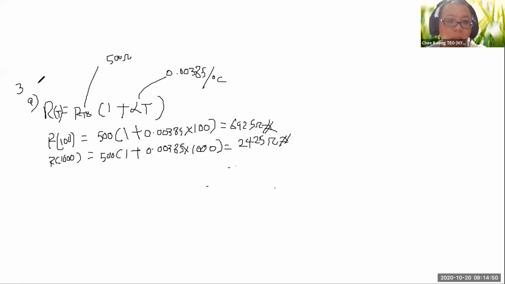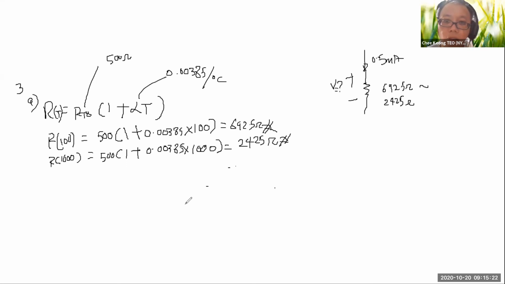Now they say if a small current of 0.5 milliamp is used to drive the RTD, determine the voltage across the RTD. This RTD changes from 692.5 ohms to 2425 ohms, and if you pump in 0.5 milliamp current, what is your voltage V?